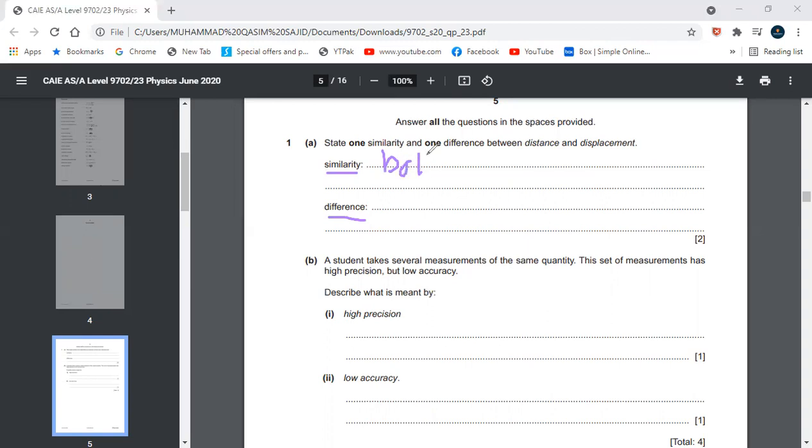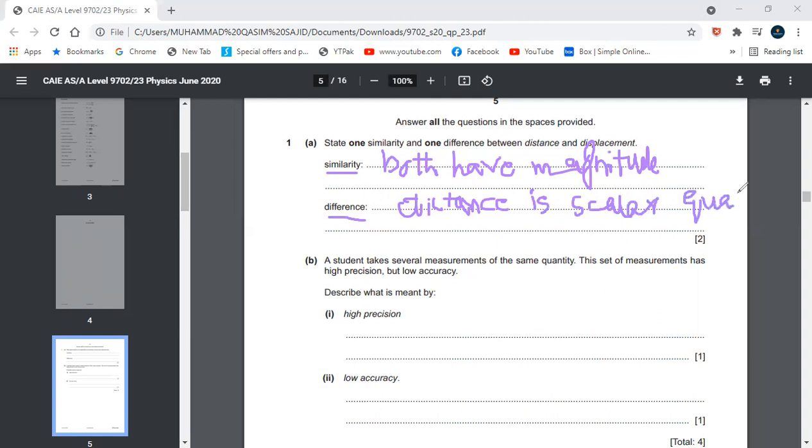The similarity is both have magnitude. And the difference is that distance is a scalar quantity, while displacement is a vector quantity.